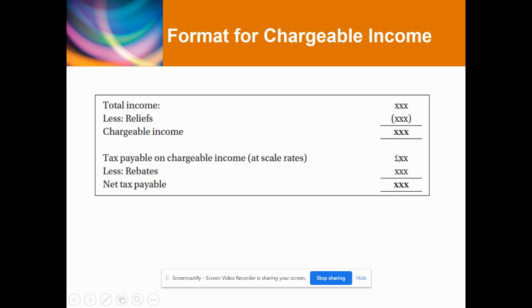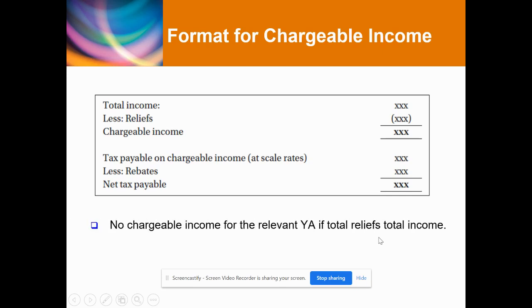This is based on the scale rate applied to the chargeable income. And if we have rebates, they will reduce our net tax payable. The format here is to get you familiar with the calculation, because you might wonder where these reliefs come from, or where we actually put the calculation of our personal reliefs.